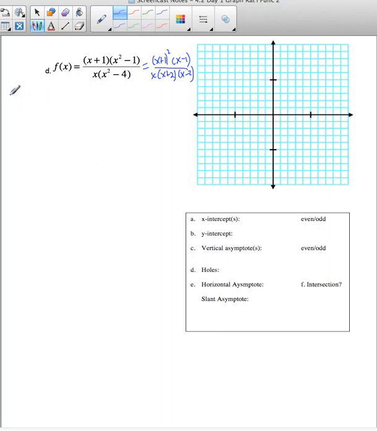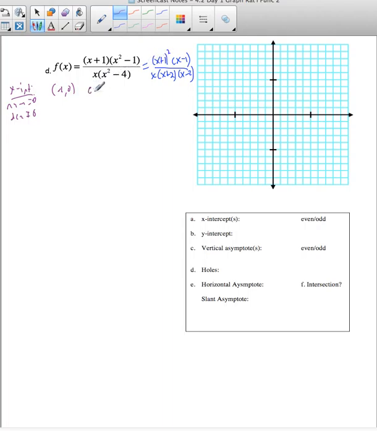Let's first find x-intercepts. x-intercepts occur when the numerator is equal to 0, but the denominator is not equal to 0. Here we're going to have x-intercepts at negative 1, 0 from the factor x plus 1.